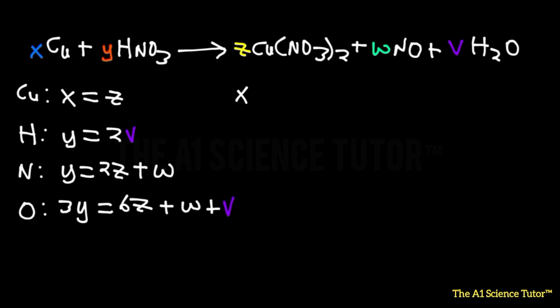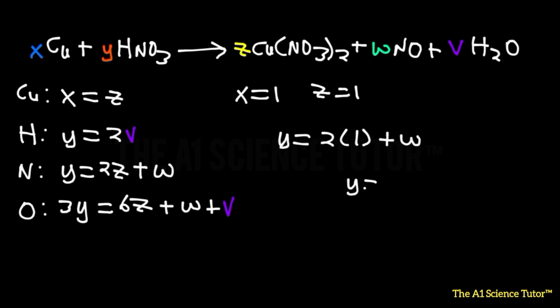So if X is equal to 1, then Z would also be equal to 1. So let's see. Now let's plug these into the equations. If we have Z equal to 1, then from the equation you're going to have Y is equal to 2Z, which is going to be 2 multiplied by 1.